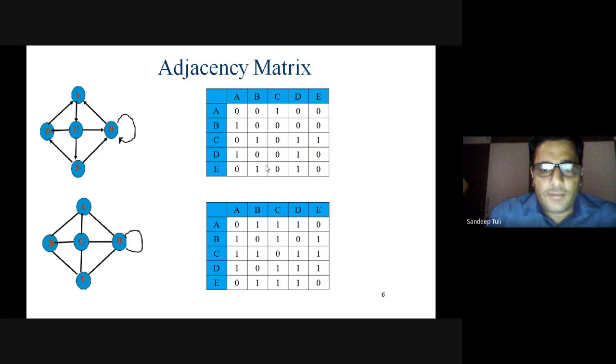So first tell me, is the matrix symmetric in which case, directed or undirected, with respect to the diagonal?